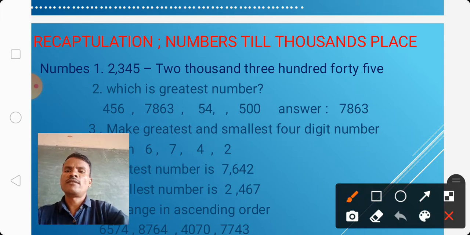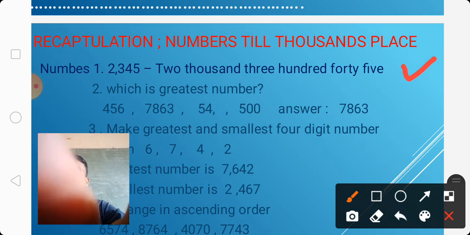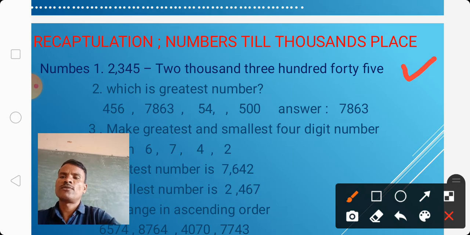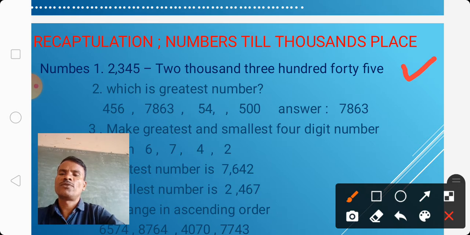Second, which is the greatest number in the given 4 numbers. First, 456. Second, 7863. Third, 54. Fourth, 500.